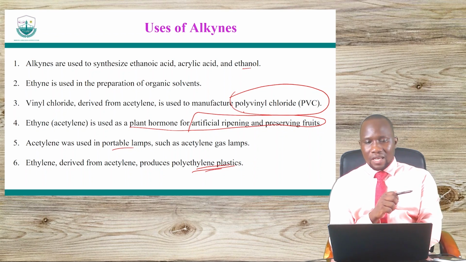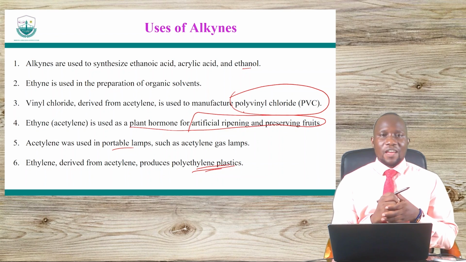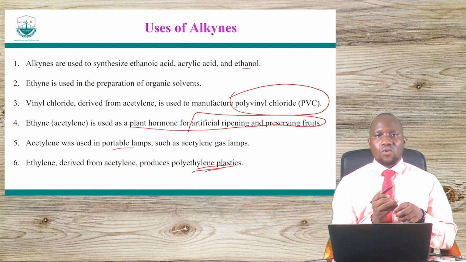This is the end of this presentation, where we have looked at the last group of the hydrocarbons, and that group is what we call the alkynes. The alkynes are unique because they have triple bonds. But the presence of this triple bond does not necessarily make them as reactive as the alkenes.